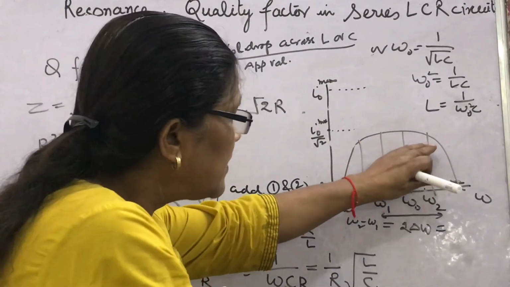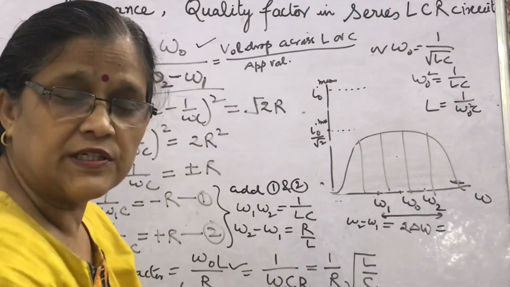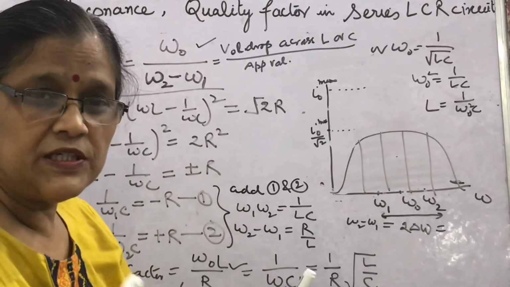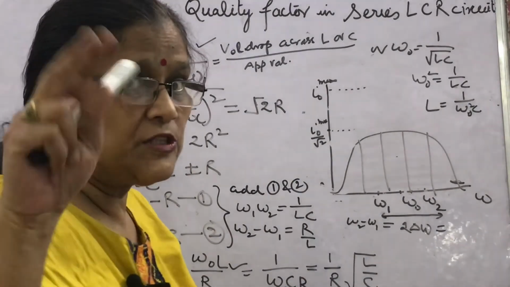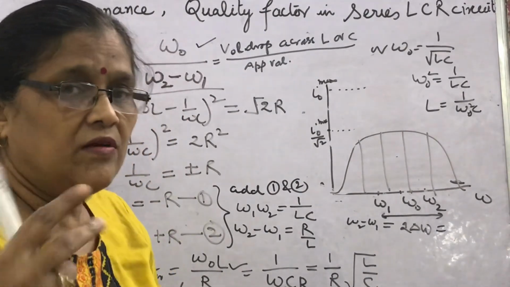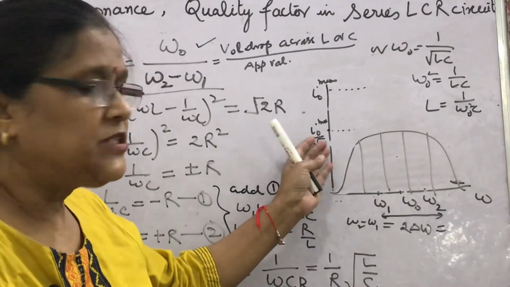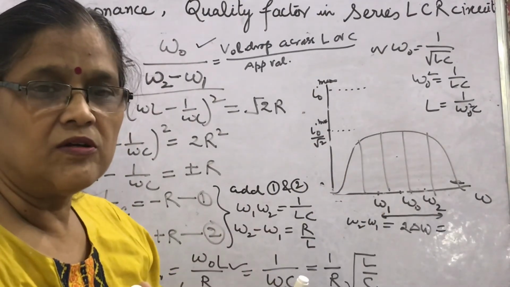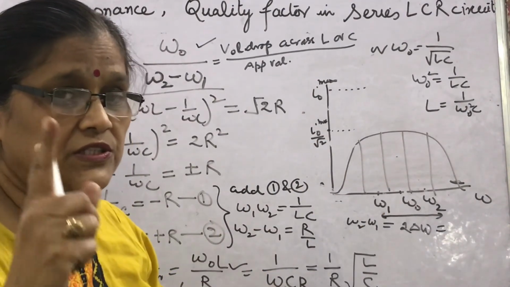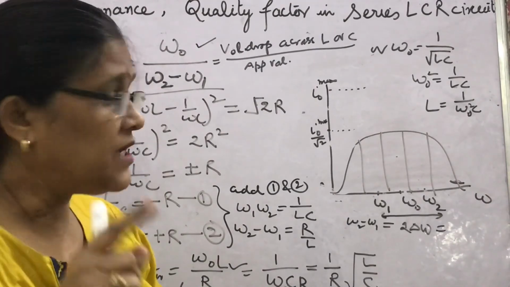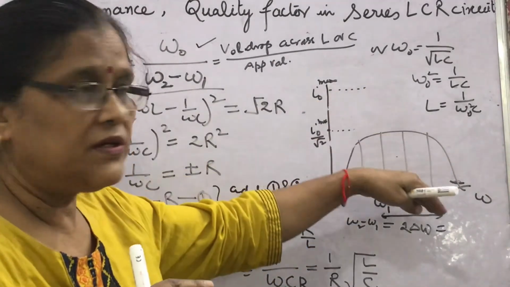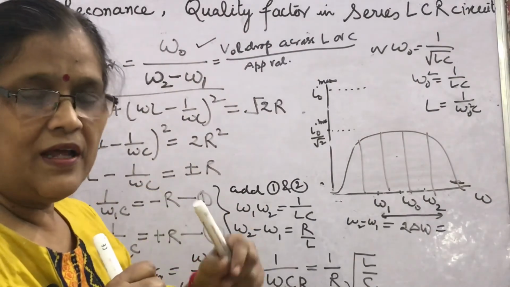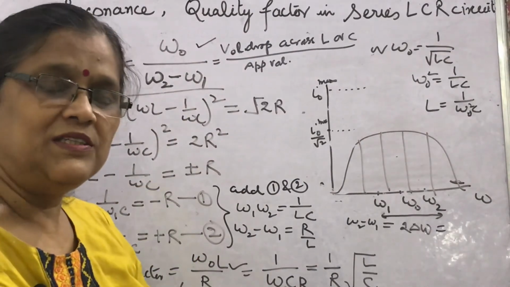You will get current corresponding to several frequencies. Then all the frequencies corresponding to different stations will have maximum current, maximum power. How can you distinguish which station you are going to listen to? That's why the sharper the resonance, the better the quality, and this is the application of the series LCR circuit.